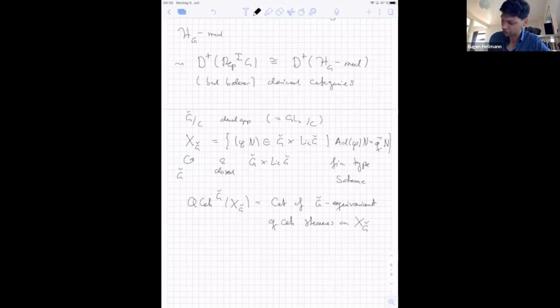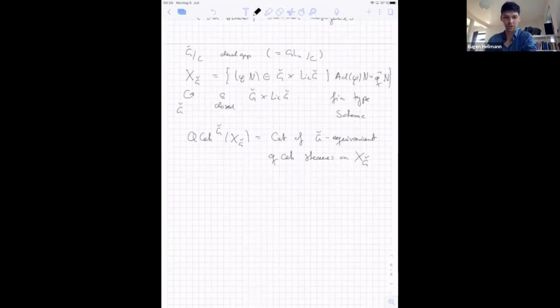So quasi-coherent sheaves that are equipped with an additional action of G-check. And then I can again pass to derived categories. But in this kind of passing to derived categories in this business with an additional action of a group is a little bit tricky.